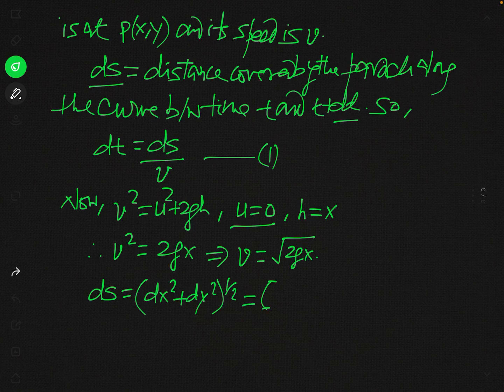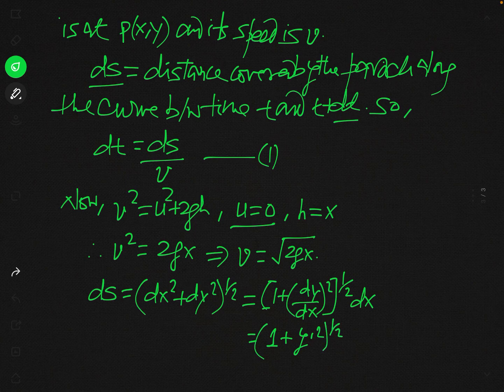This will then be 1 plus dy by dx whole square, and whole to the power half, dx. And this can be written as 1 plus y prime square whole to the power half dx. Here y prime has been written instead of dy by dx.